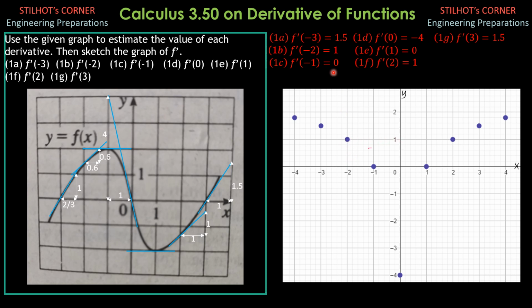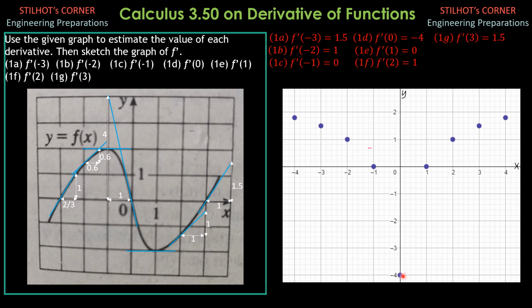At negative 1, we have 0. At 0, f prime of 0 is negative 4. So 0 comma negative 4.